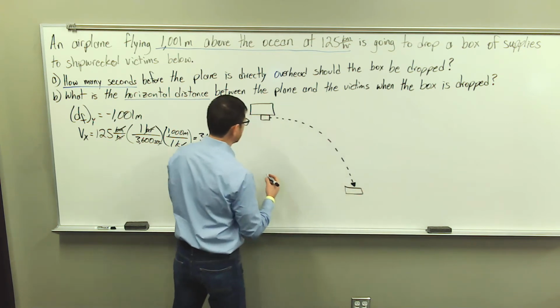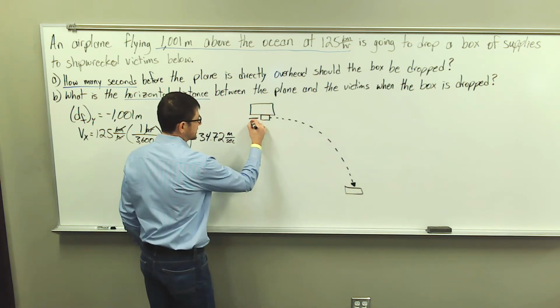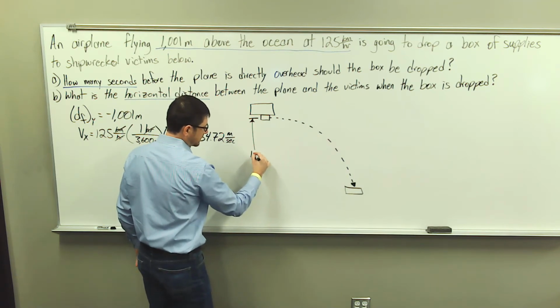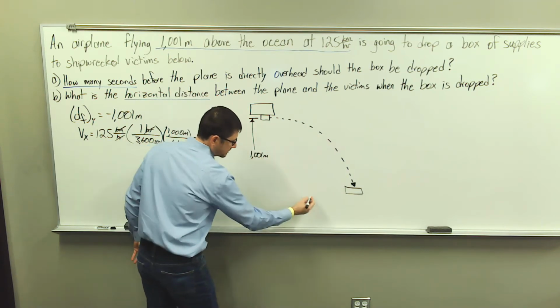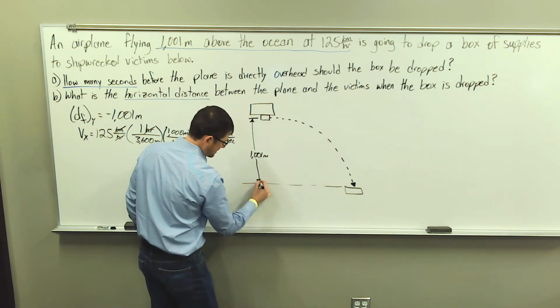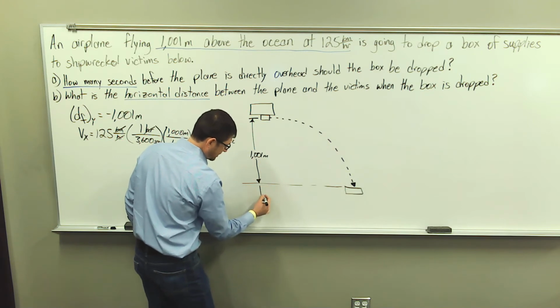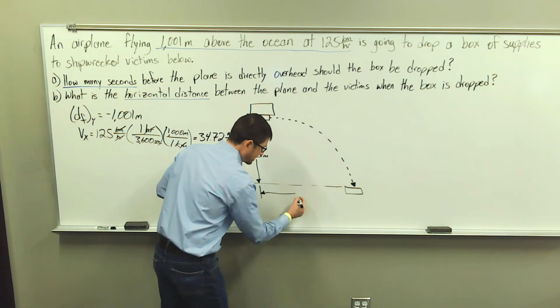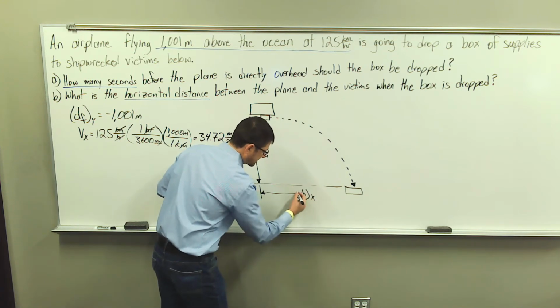Let's say this is our target. So our height that we're dropping it from is 1,001 meters. And it wants to know what the displacement in the x direction will be. So d sub f sub x right here.